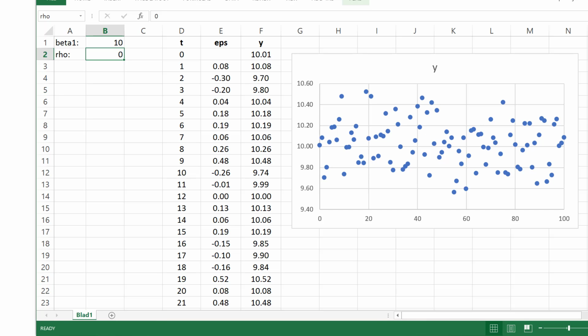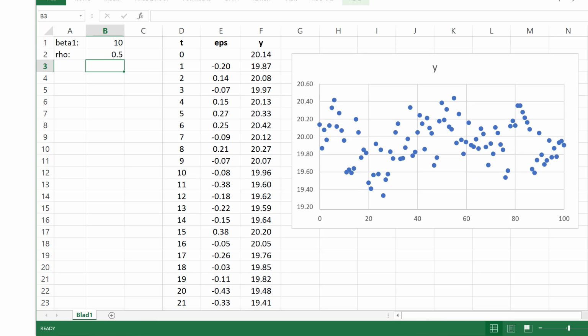Perhaps it will surprise you a little bit that if I now change the rho to 0.5, the intercept is actually no longer 10. It looks like it's 20, and that is in fact true. The expected value of yt in this case is 20. So it's not as simple as just claiming that beta 1 is the expected value of yt.